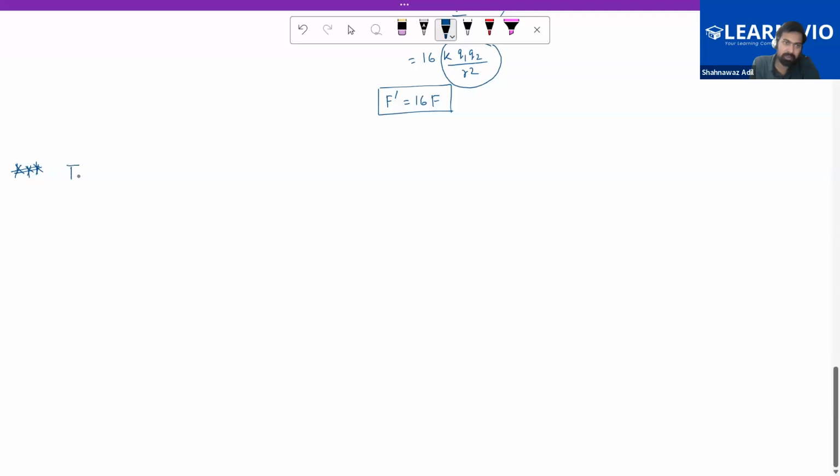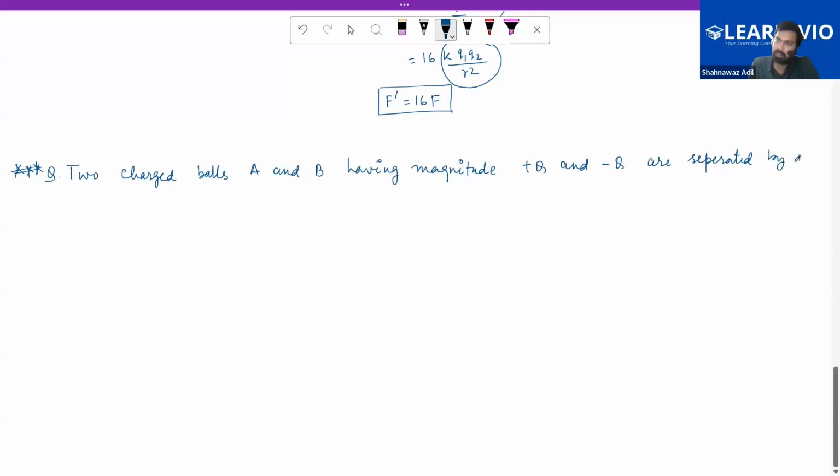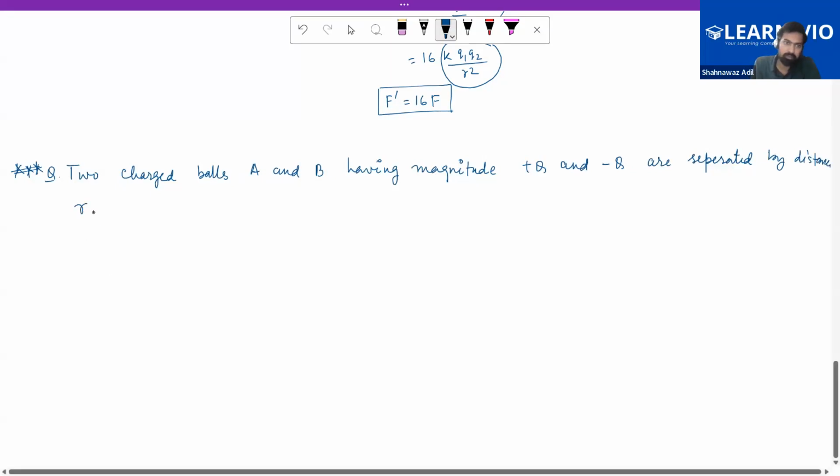And the question is that two charged balls A and B having magnitude plus q and minus q are separated by distance r, right? 25% of charge from A is taken out and given to the charge B, right?